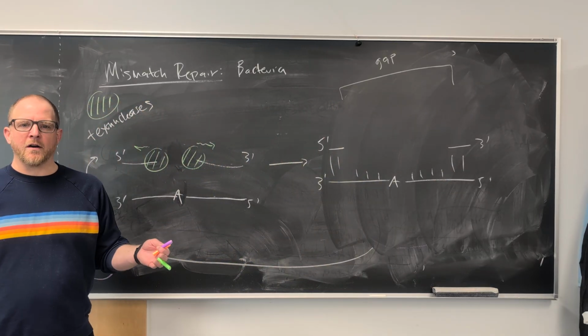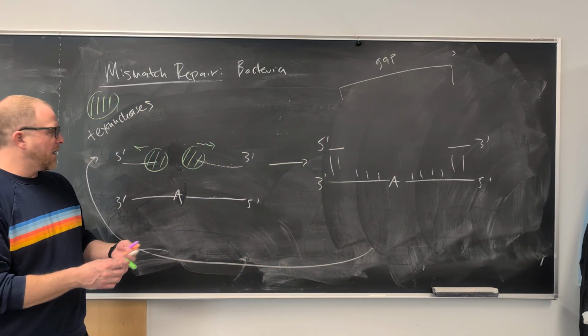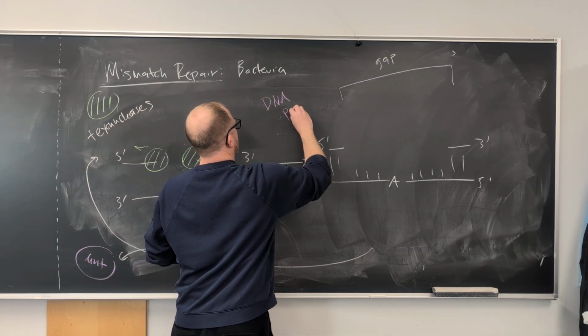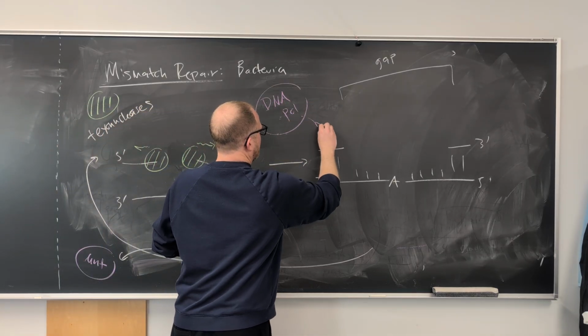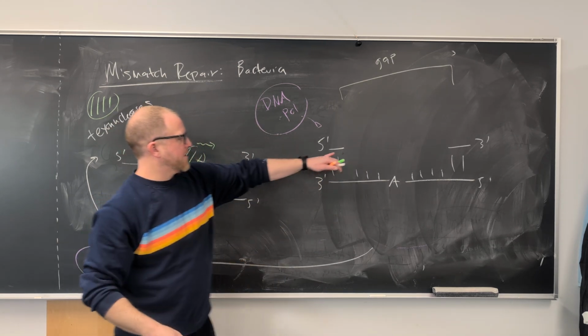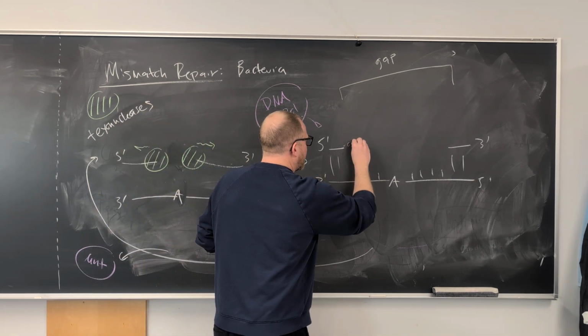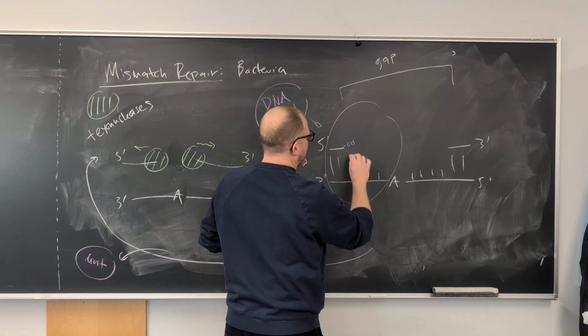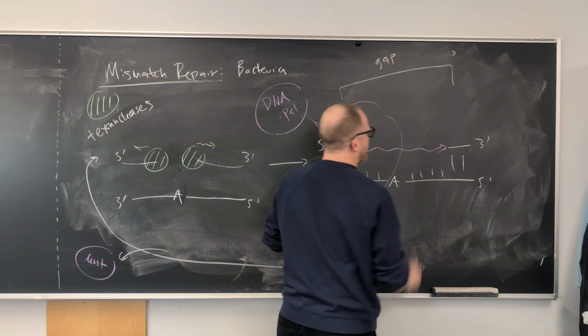Now we have a situation where the protein we all know and love, DNA polymerase, can enter the picture. Okay? Remember there's a free 3' OH at the end of that one, so DNA Pol can attach here and simply fill in the gap.